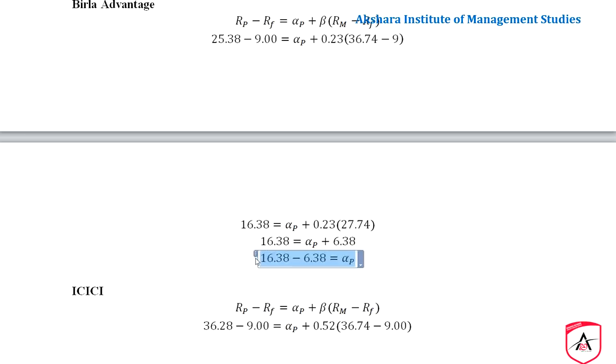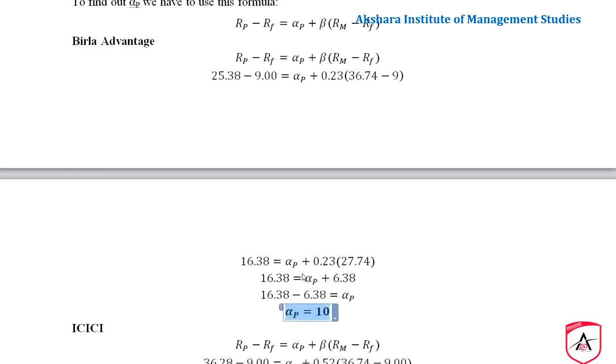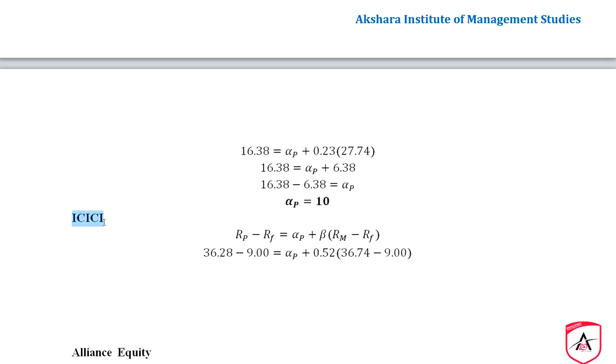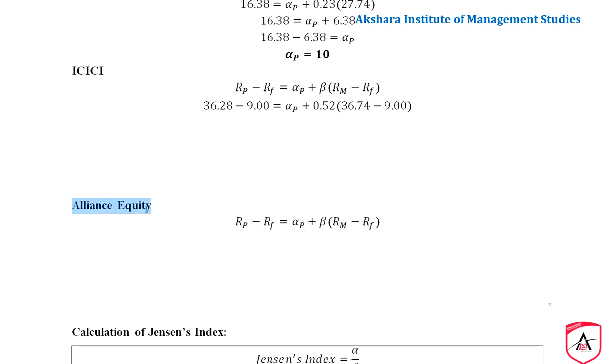So now what you have to do is 16.38 minus 6.38, it is going to be 10. Alpha P is 10. Now we have to calculate the alpha P for ICICI as well and Alliance Equity also.